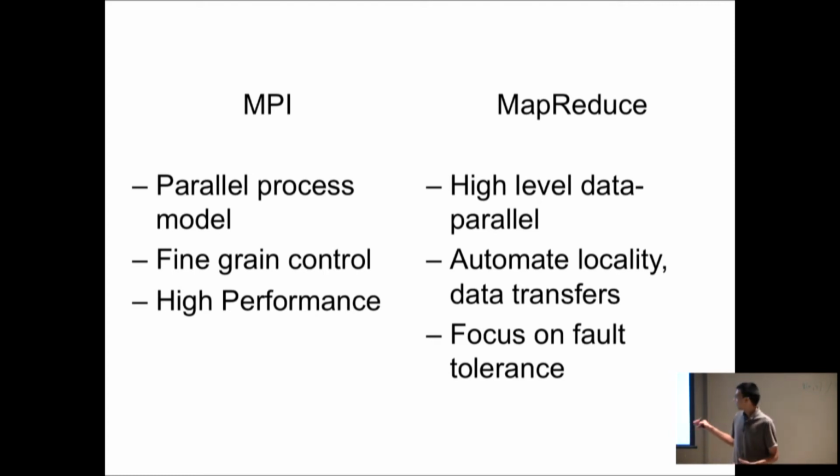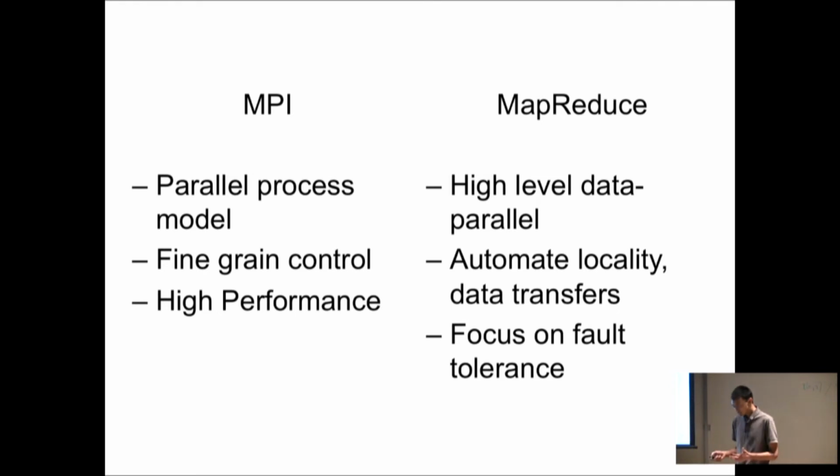But on the flip side, you get things like automatic locality of tasks, and it handles data transfers for you. You don't need to worry about things like that. So in some sense, the focus of the applications that you use MPI for is more on high performance because you want more fine-grained control and you want to figure out how to do it, while the focus of these MapReduce models is more about programmability and fault tolerance, like ease of use and how you deal with failures when you're doing that, right?